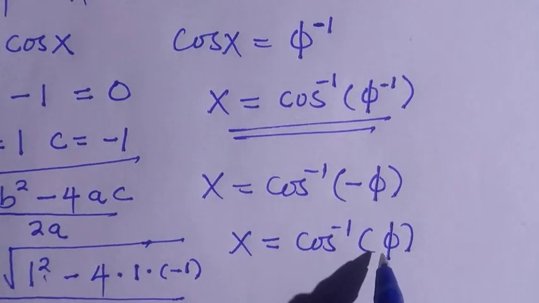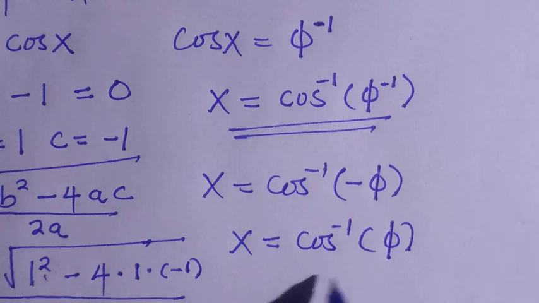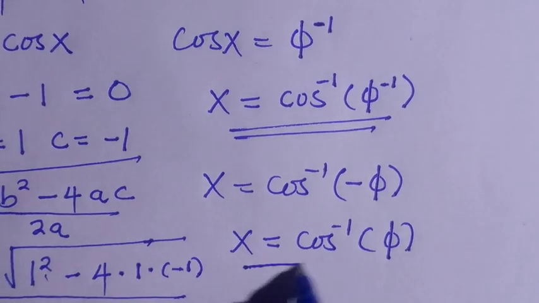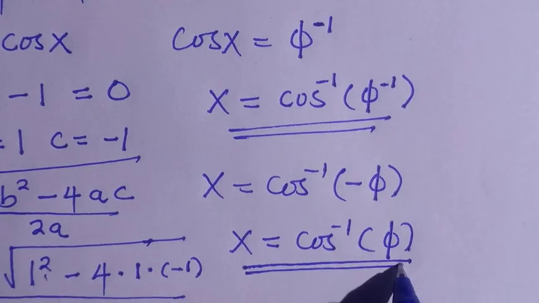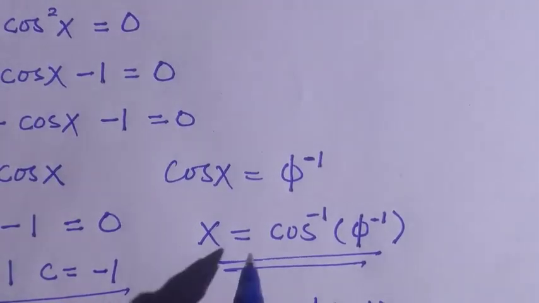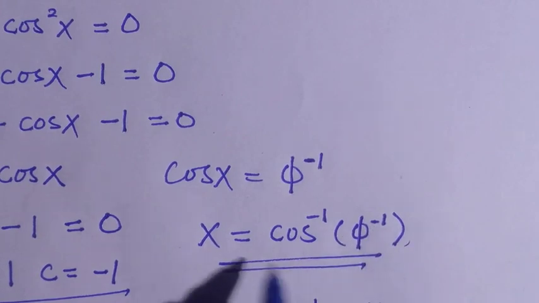But here is positive, which means the number here is greater than 1. And what we need here is only the real solutions, not the complex solution. Therefore, this solution 2 is rejected, and the only solution we have for this problem is cos inverse of 5 to the power of minus 1.